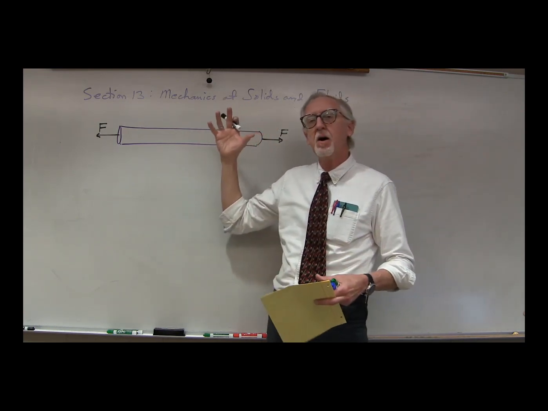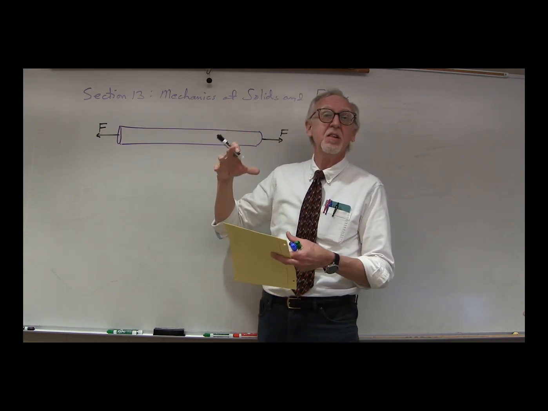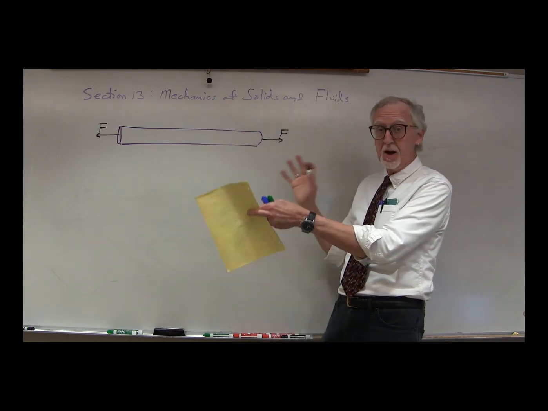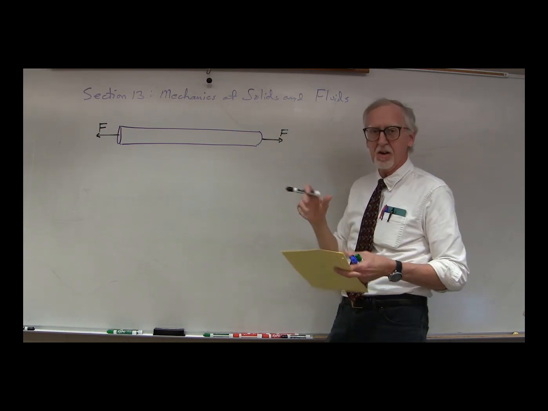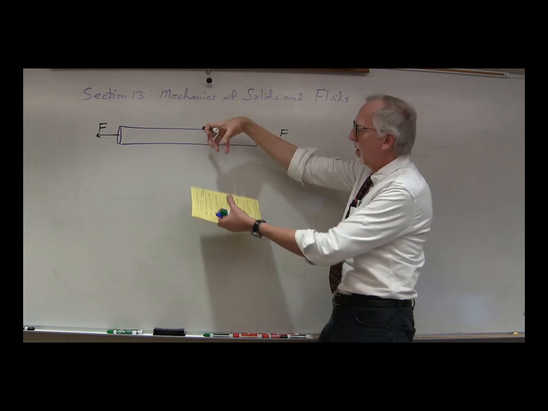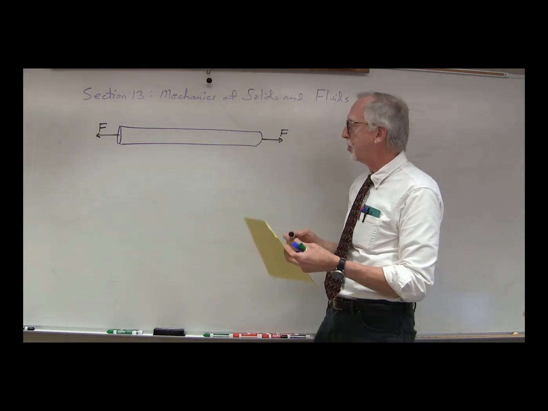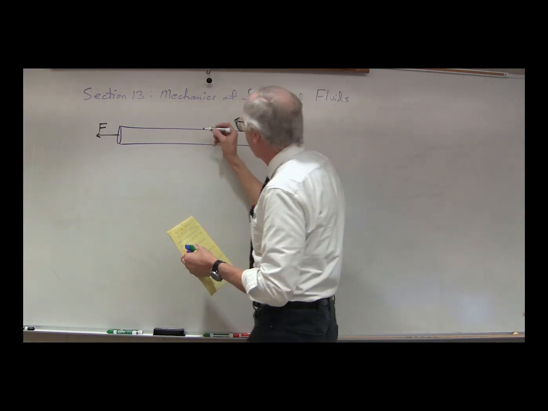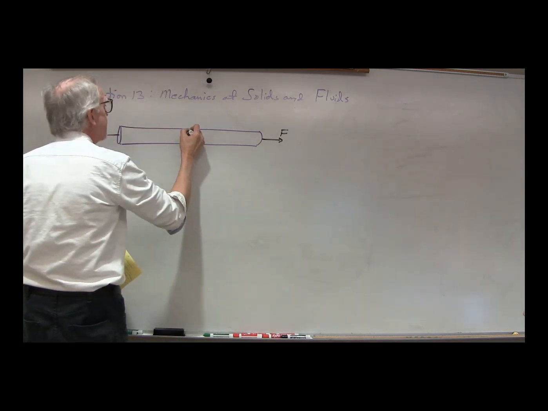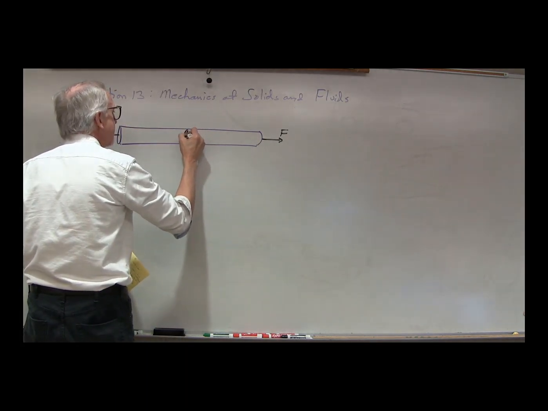The larger the bar is, the less it's going to respond, the less effect the force will have on it. The smaller the bar, or let's say the narrower the bar, the thinner the bar, the more it will respond. So the response will depend on what this internal cross-section is here.